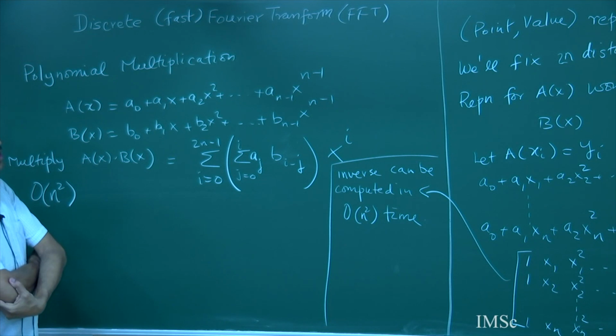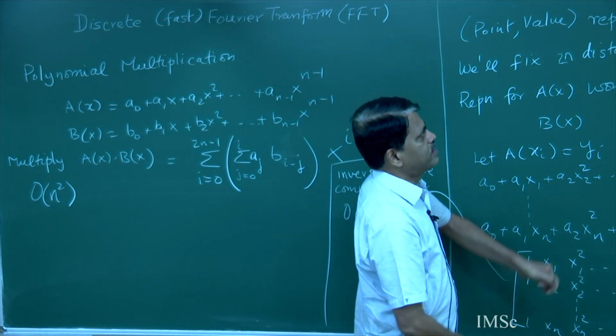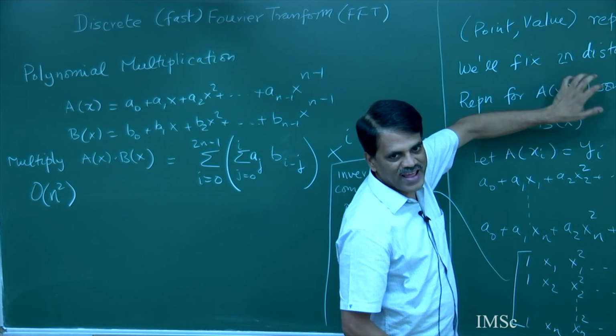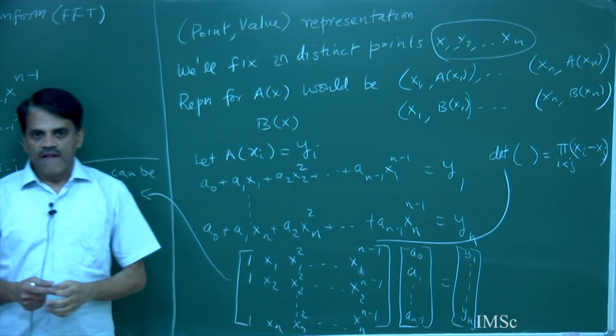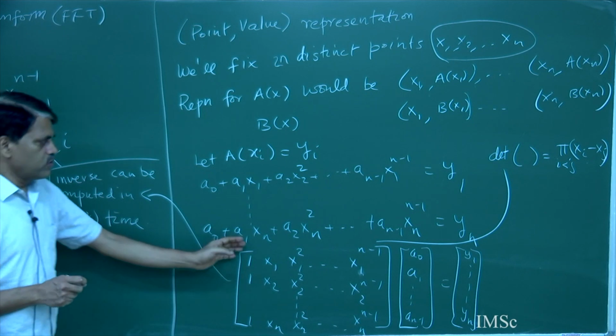So now the way we can do faster is we will exploit the fact that you can evaluate this at any 2n distinct points. So we will choose a certain set of points to evaluate, which will be faster. We can do it faster than n square time, not only going from here to here, but also going from here to here.